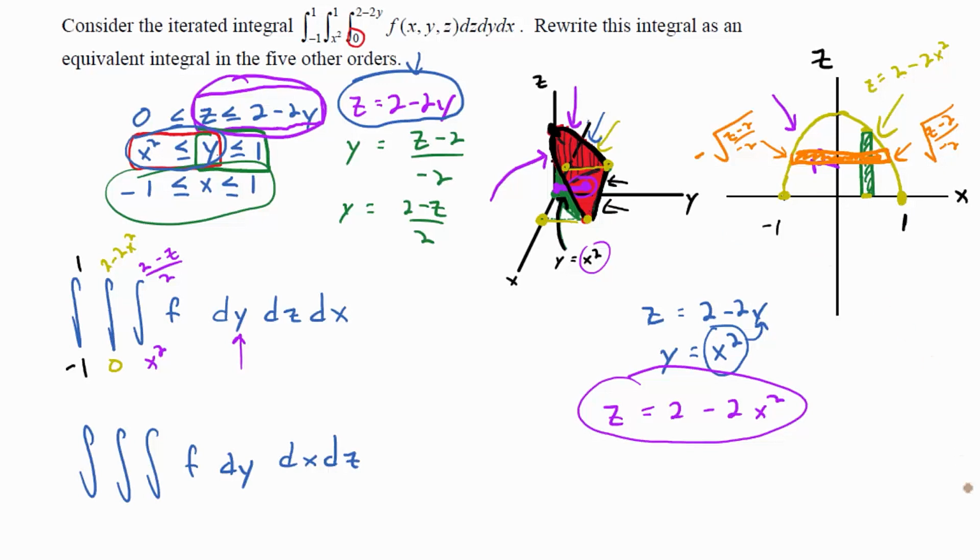So then those would be your middle limits of integration. Think left to right, on the left end and the right end of this rectangle. The inner limits don't change because we didn't change the dy. But these middle limits will change, from the opposite of that square root. I think I called it 2 minus z over 2 if you look above.